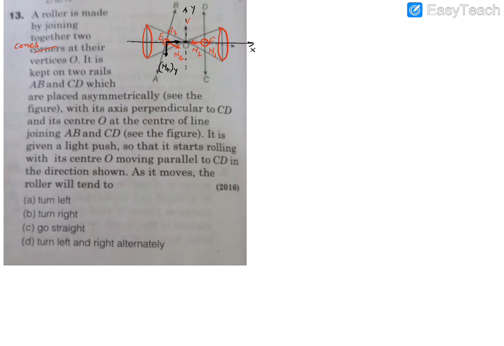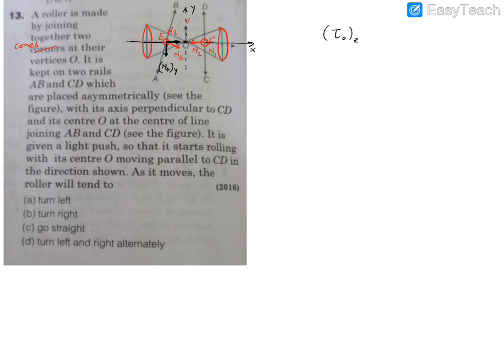Now if you think about the torque about point O, and particularly about the z-axis, that means we are going to think about torque about O directed along the z-axis.